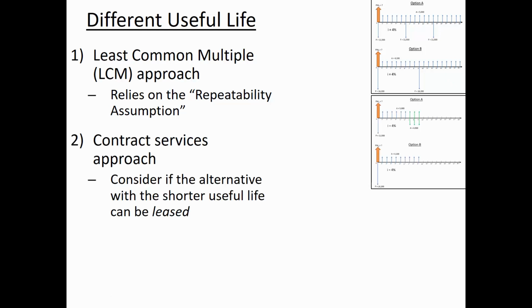Okay. Another of our approaches to solving this problem of different time frames, that's the underlying problem here, is that two options last a different amount of time. So the other alternative is to make the one that's too short longer through leasing an item, contract services, renting, whatever you need to do to just temporarily continue that option until they're both the same number of years.